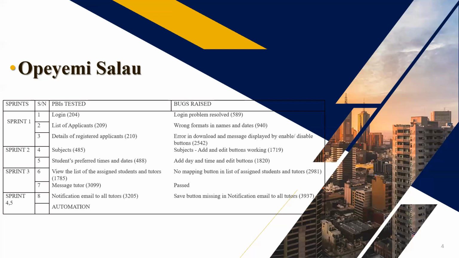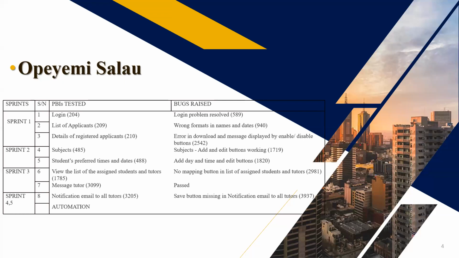In sprint one, you can see that I dealt with three PBIs. I tested three: the login, the list of applicants, details of registered applicants. And along the line, we keep on raising bugs. So I raised three bugs because each of these things, I discovered errors, which resulted in raising of bugs.